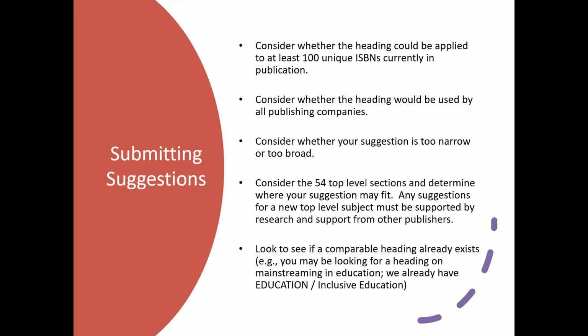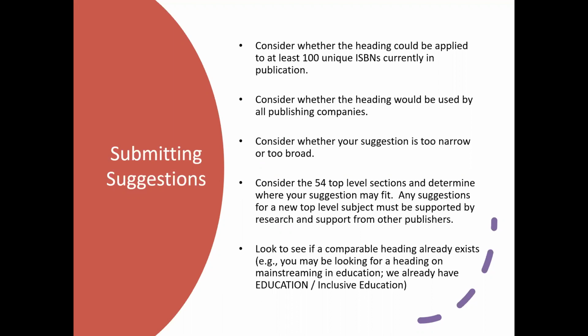They should be different titles, and they should be across publishing companies. So you should consider whether it would be used by all publishing companies, or whether it's something that could only be used by a single publishing company because it is unique to that publishing company.